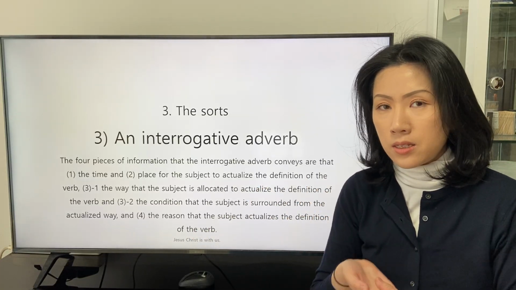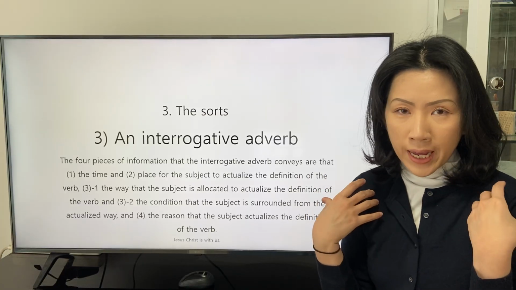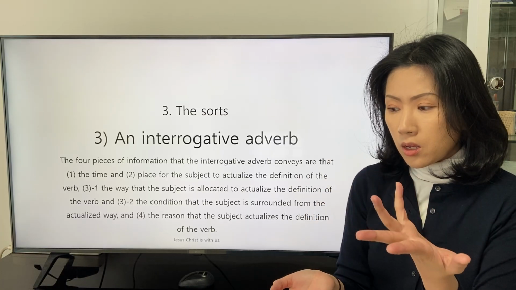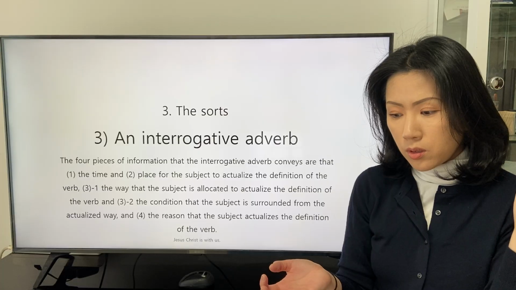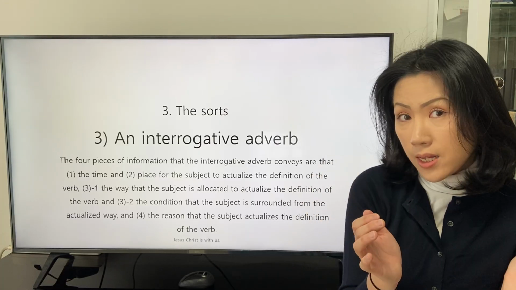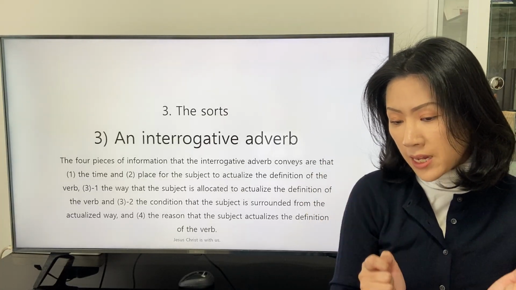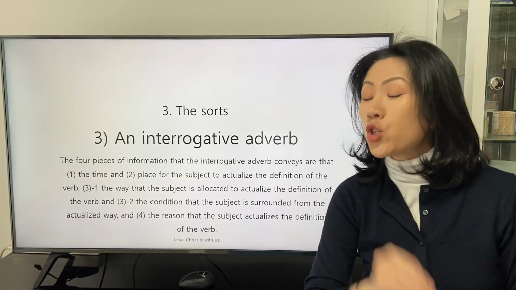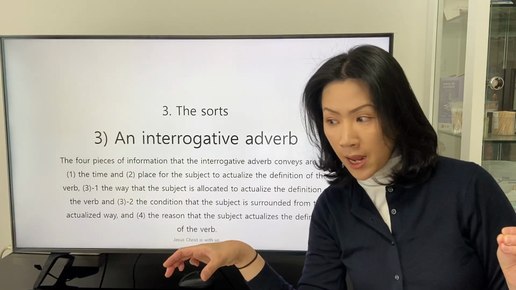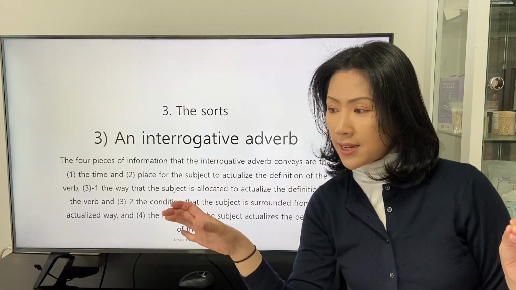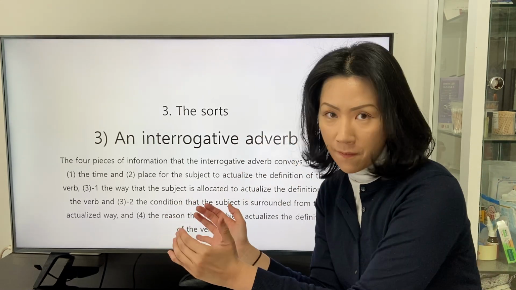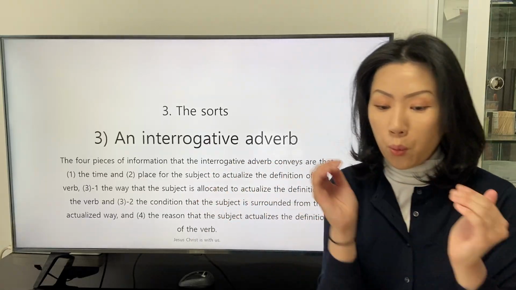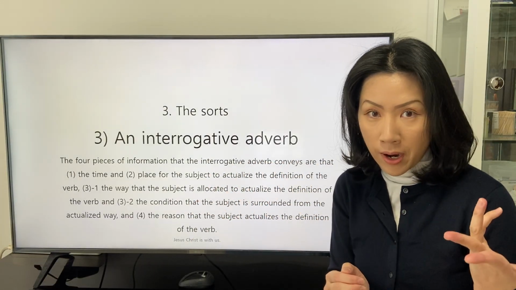This means that the speaker can describe the way that the subject actualizes the definition of the verb to the condition of the subject after the subject actualizes the definition of the verb with the way described firstly.